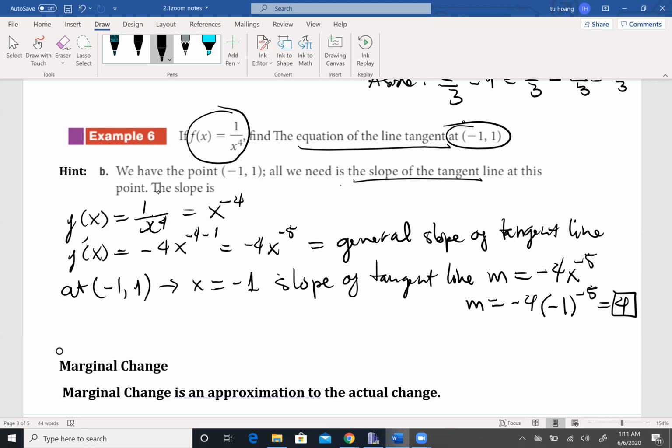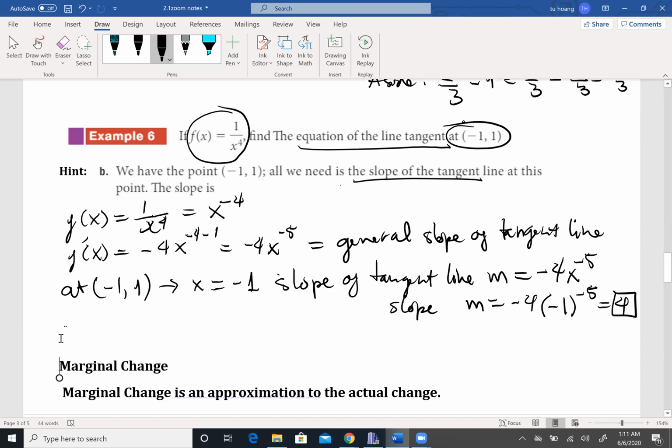In order to find the equation of the tangent line, you need a slope, and you need a point, right? If you have a slope and a point, then you want to apply them. So let me type it better.